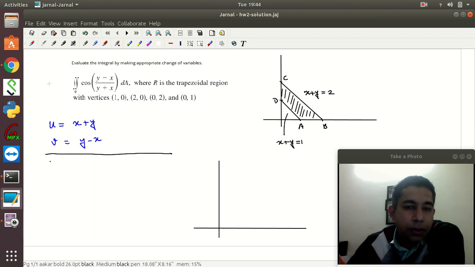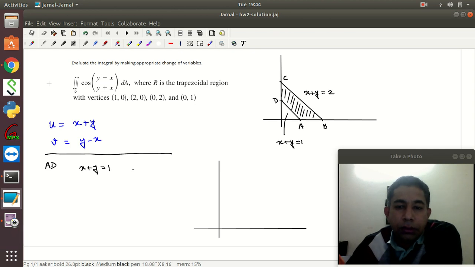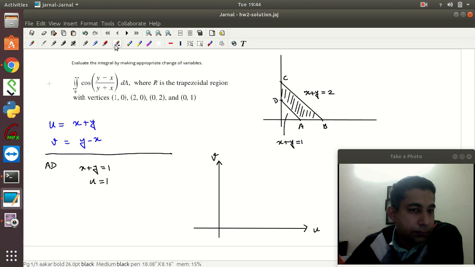So what do we know about AD? The line AD in x and y variable was x plus y is equal to 1. Okay, so x plus y is equal to 1 in u variables simply becomes u is equal to 1. Okay, so if you label the axis like this, that axis is v, and this axis is u, then u equal to 1 is a vertical line.